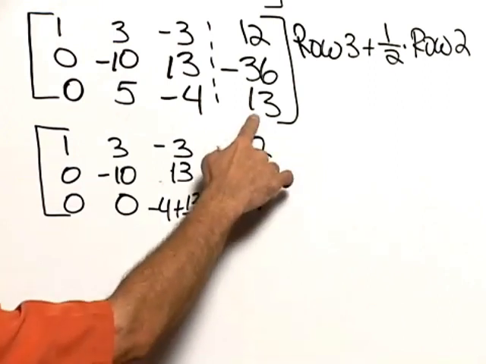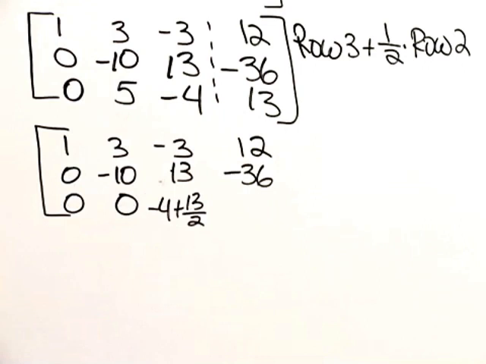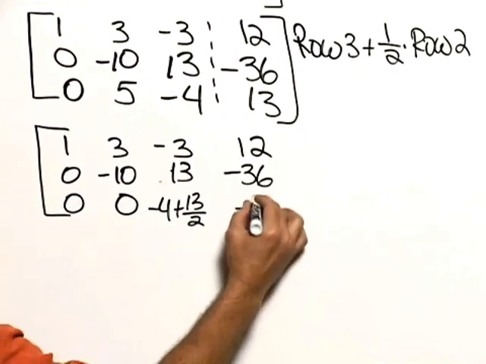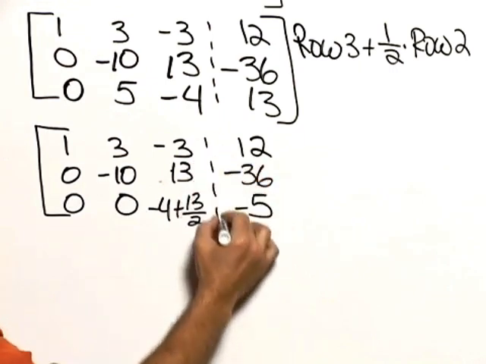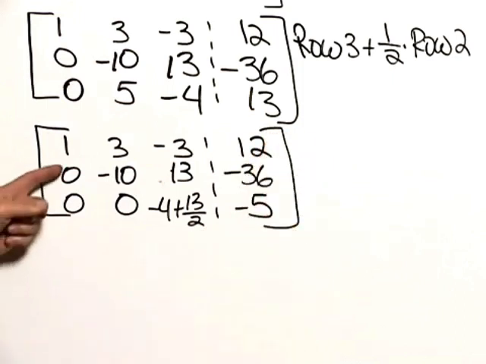And then it's 13 plus half of -36. Well, half of -36 is -18. 13 plus -18 is -5. So now we have zeros in the positions that we want.